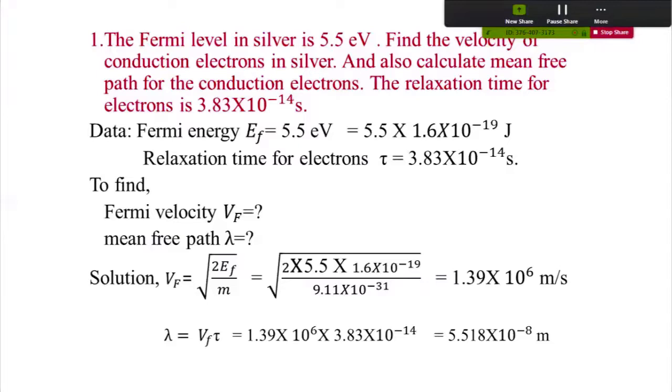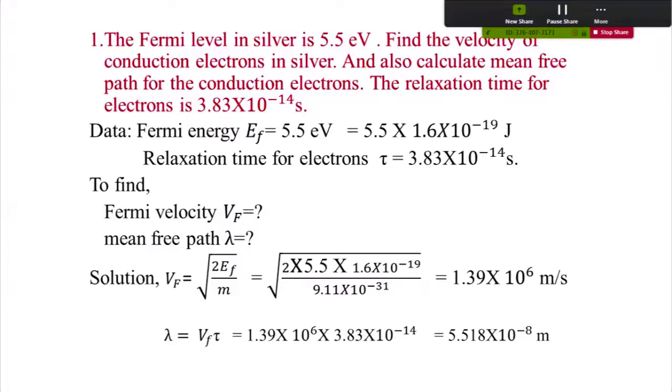Now, what do you need to find? You need to find the Fermi velocity and the mean free path. We just discussed the formulas. To find Fermi velocity, Vf equals square root of 2Ef divided by m.